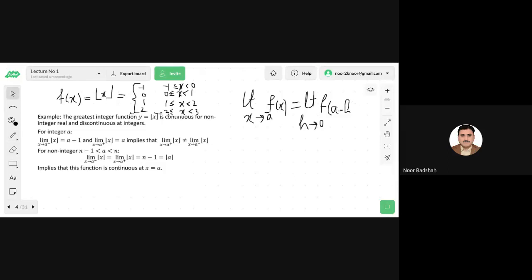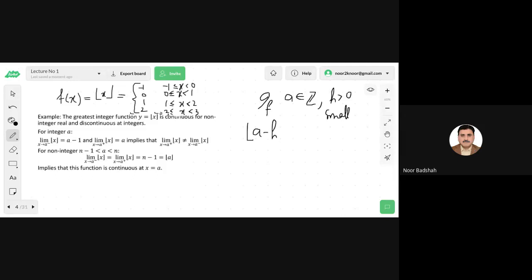Okay, and there are some more results regarding greatest integer. I hope you remember that if a is an integer, these results are true only for integers. So if a is an integer, meaning 0, plus minus 1, plus minus 2 and so on, and h is any small positive number, which is usually the case in limits, then greatest integer of a minus h is what?